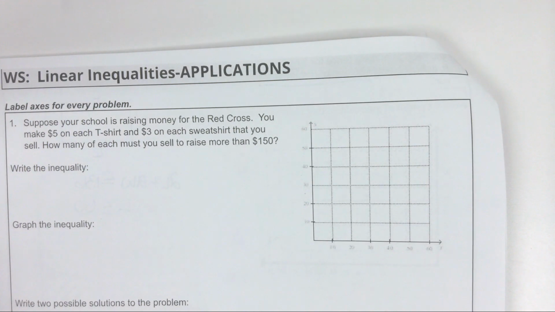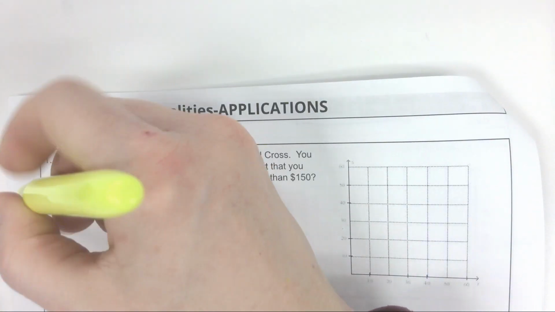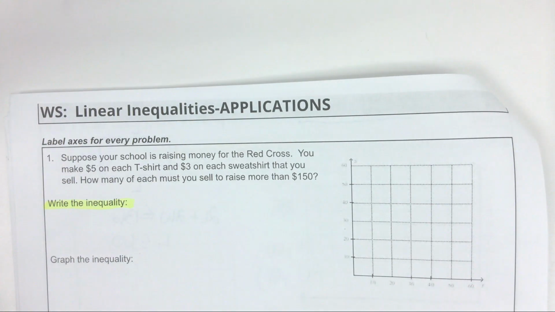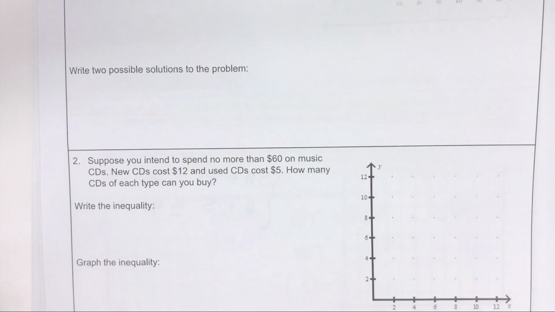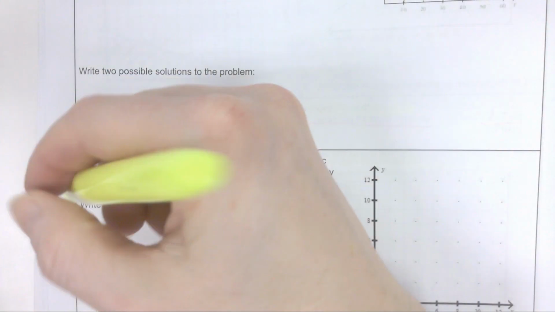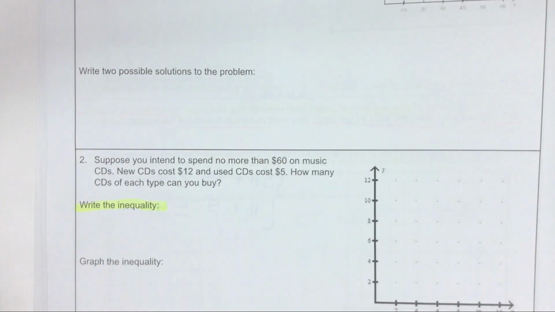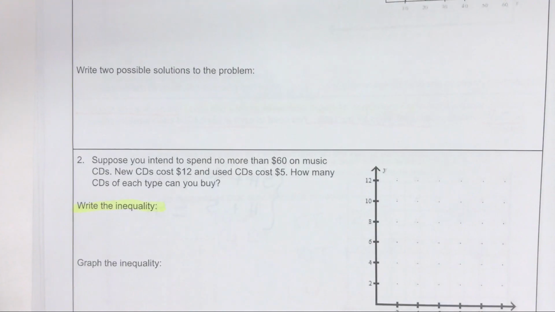As I said, I want to give you guys time to do this. Are you paying attention? Number 1 says write the inequality. That's just one inequality. Number 2 says write the inequality. That's just one inequality. You're going to do those, and then you're going to graph them.